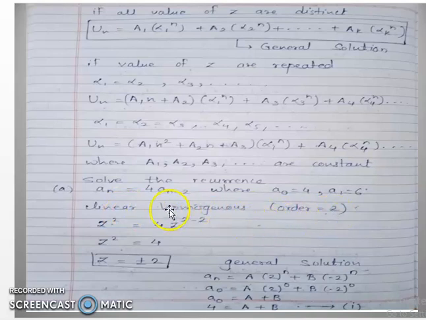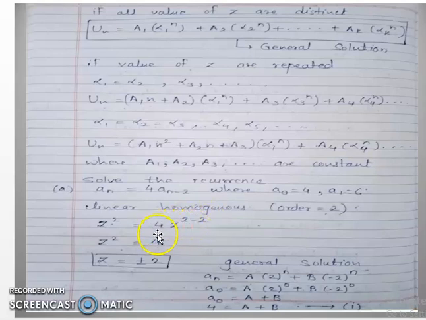Firstly, we write this equation in the format of z, that is, we write an as z raised to power 2, because the order of this equation is 2. Then z square is equal to 4, and we write a n minus 2 as z raised to power 2 minus 2, that is z raised to power 0, whose answer is 1.